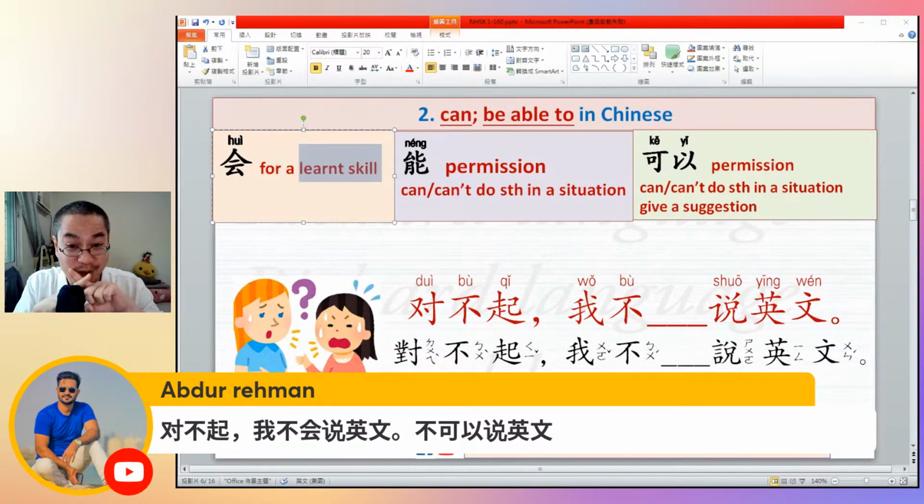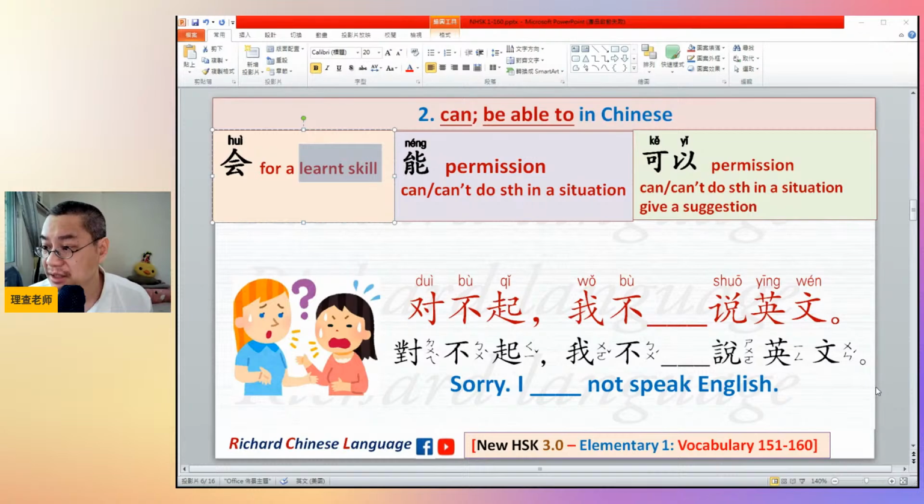So 我会说英文，但是我不可以说英文, because in this place, English is not allowed. Okay, so that's the difference.